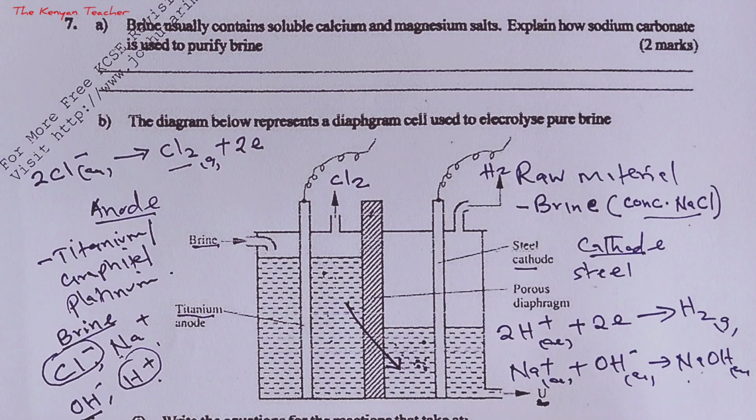And with that, we have completely reviewed the working of the cell together with its components, the anode, cathode, and the diaphragm, including the 2 functions of the diaphragm.